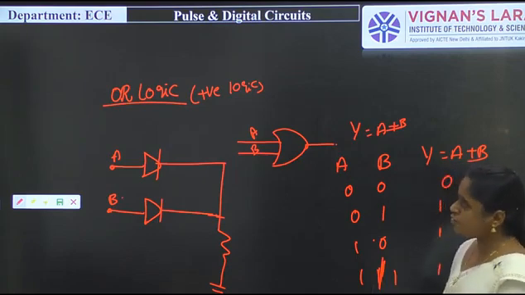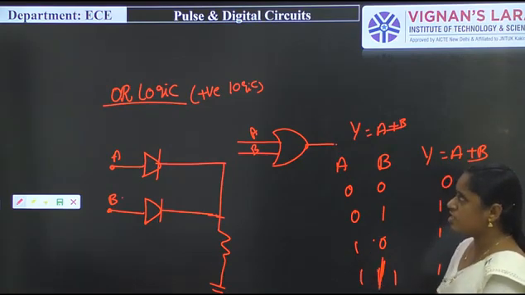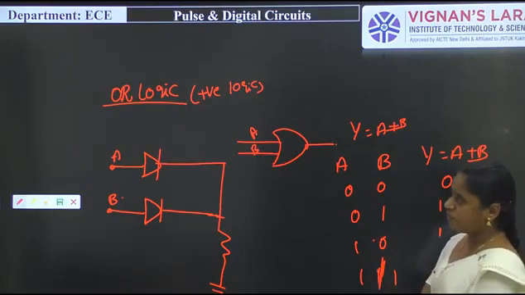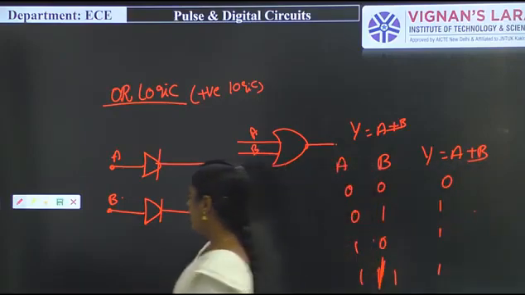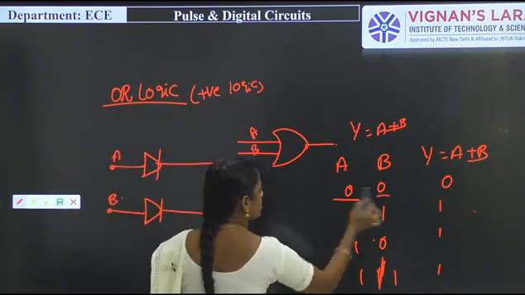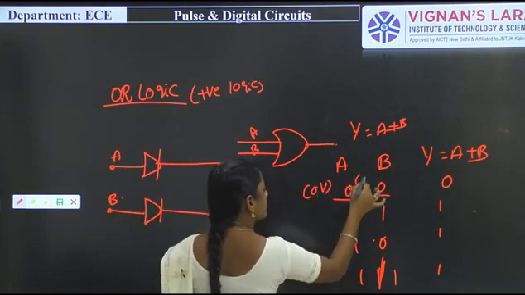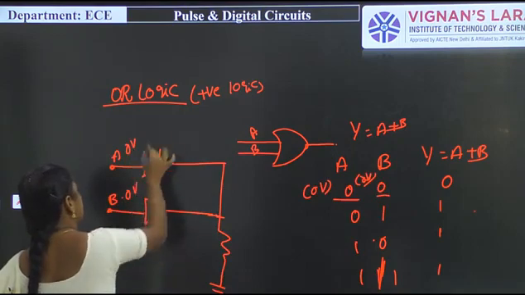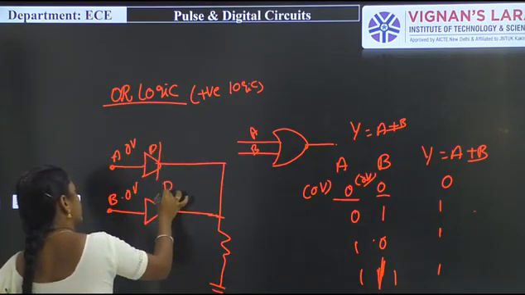So what is the operation of this? Here a positive logic is nothing but 0 volts represented with logic 0 and 5 volts represented with logic 1. First I am applying logic 0, 0, nothing but 0 volts and 0 volts. This one is diode D1 and diode D2.